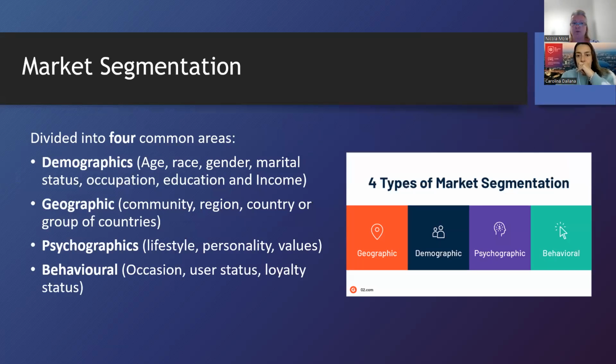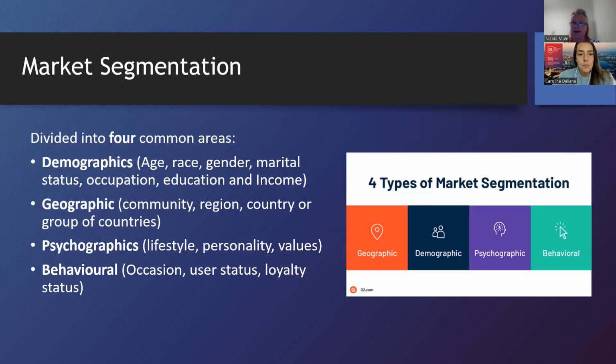If we talk about demographics, what age are our customers? What race are they? Gender, are they male or female customers mainly? Are they married, single? What do they buy? Occupation, are they teachers? Are they doctors? What is their occupation? What is their education and income?